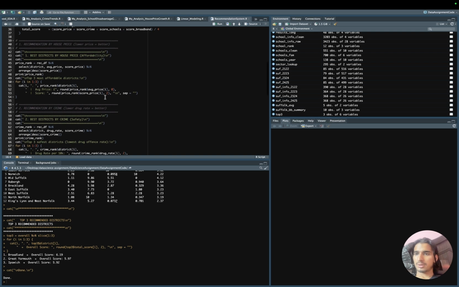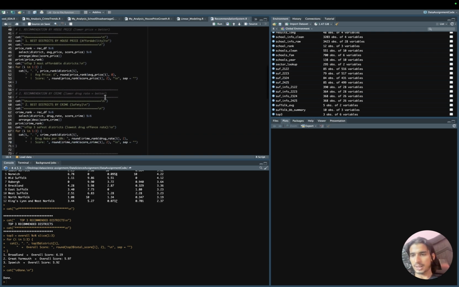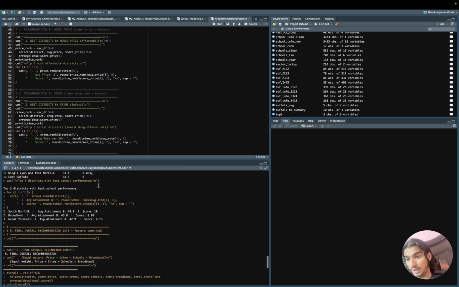These four scores were averaged into an overall score per district, and we can see the output in this code as well.